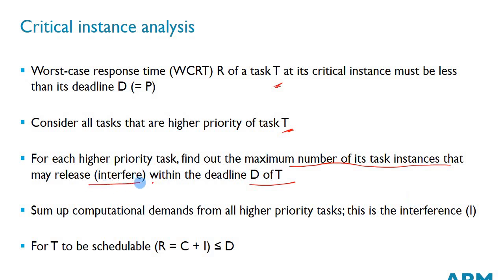It means all the periodic intervals of the earlier tasks: how frequently they come, how much time they take, and how they interfere with the computation time of the task that I have. And I have to make sure that all of it is less than the deadline.